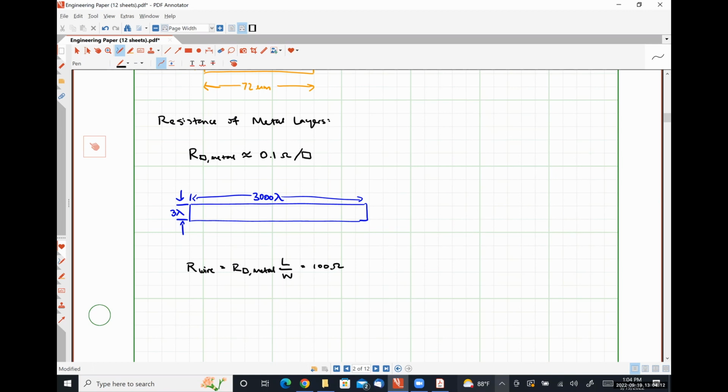Now, this metal is above the substrate, so it also forms a capacitance. How would we figure out what that capacitance would be? Well, that's why we have our table.